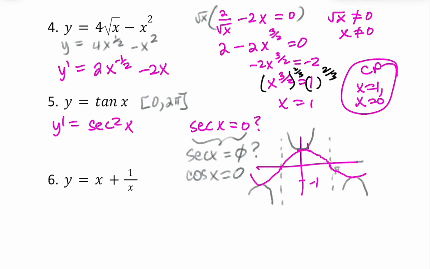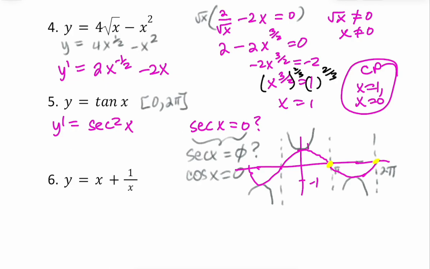So, and I'll go all the way actually to here. Yeah. So between 0 and 2 pi, the cosine equals 0 in 2 spots.